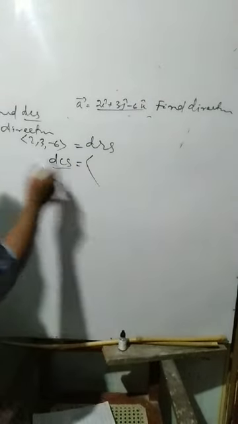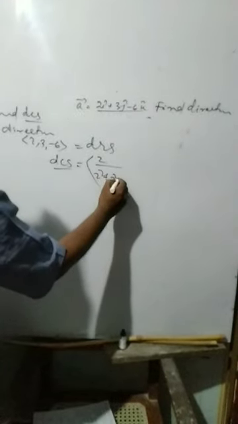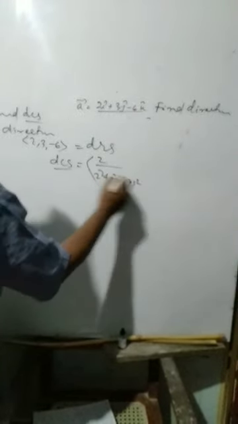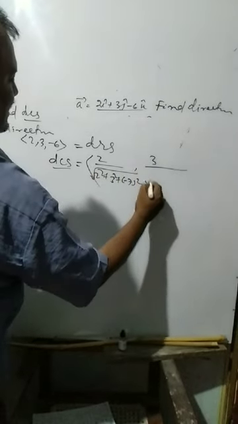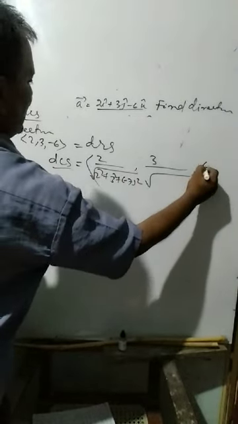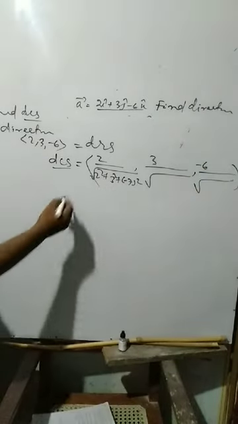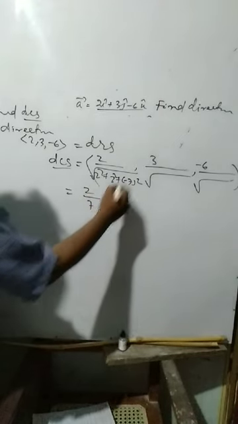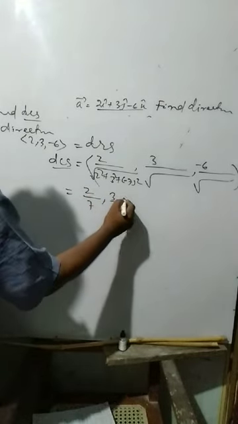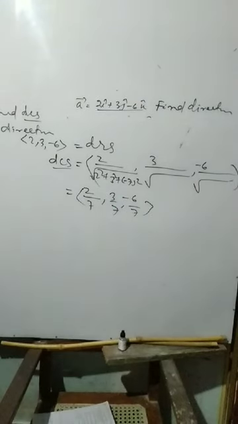Direction cosines equal 2 by square root of 2 square plus 3 square plus minus 6 square, and 3 by the same root, and minus 6 by the same root. So it is 2 by 7, 3 by 7, minus 6 by 7. This is the DCs of the given vector.